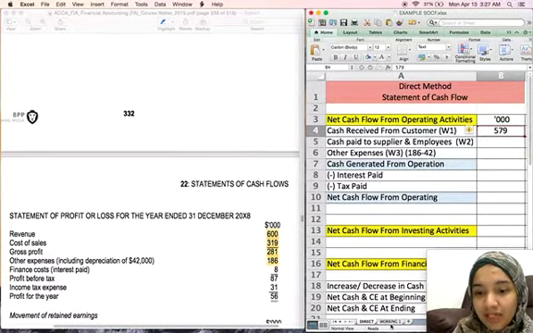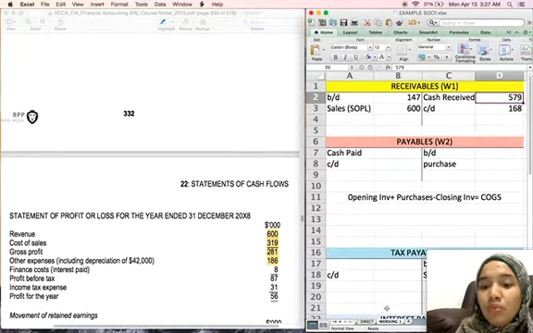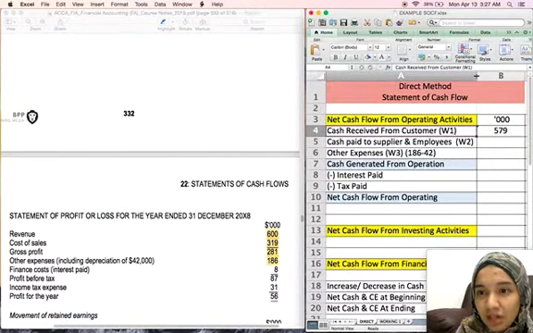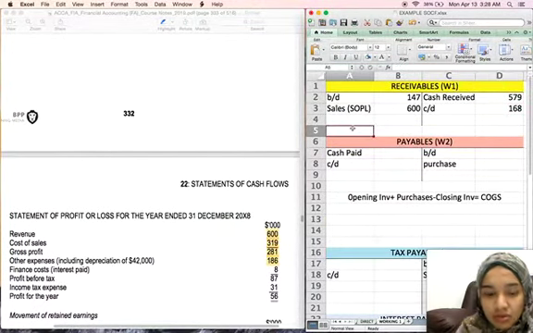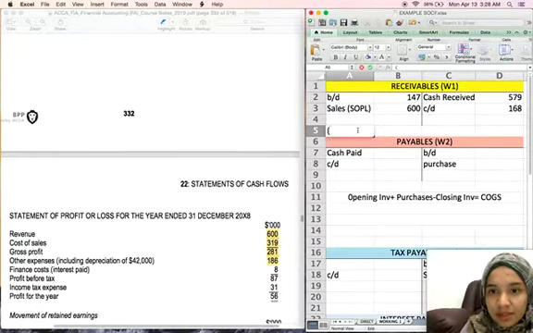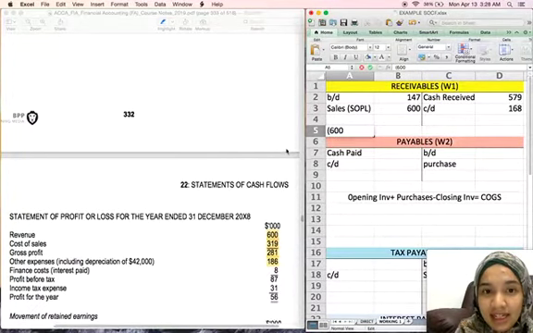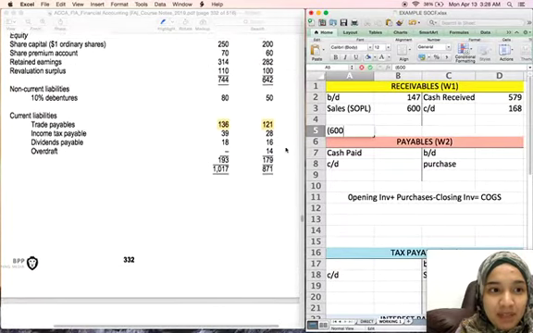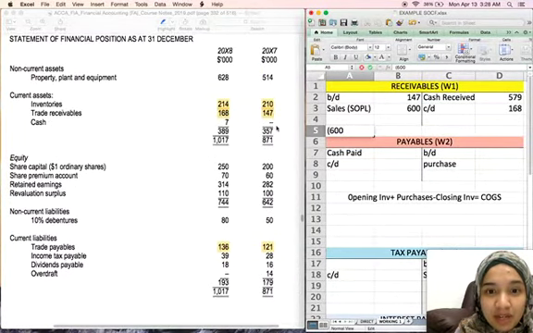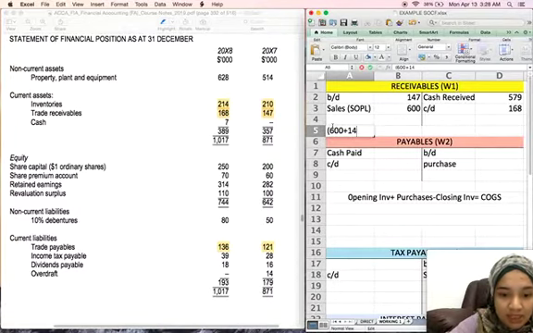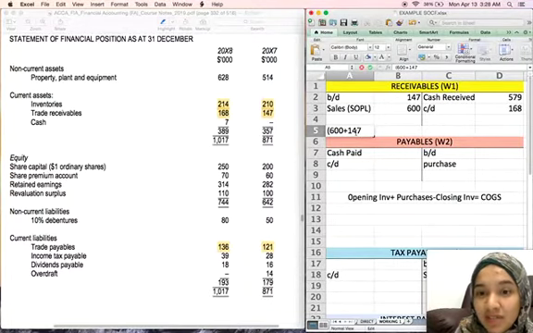Okay, if you don't want to do a T account, you can. How? The working maybe you do like this. During the year, you made sales of 600. So exactly, what you should receive in cash is 600. But your beginning receivable is 147. Supposedly, this is what you get: 600 during the year plus last year's 147 that has not been received yet.